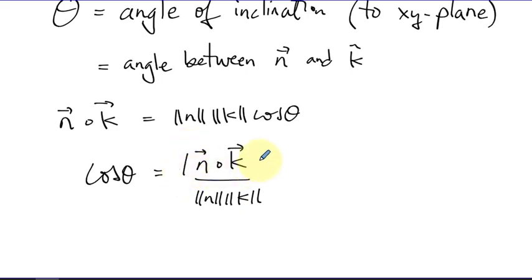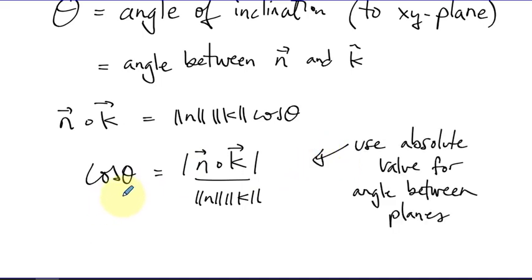And so for that reason, you can take an absolute value. For the angle between planes, the absolute value is included because the maximum that it ever could be is 90 degrees. As soon as you pass 90 degrees as an angle between two planes, then you could once again measure on the other side of the angle between the planes. You could just measure again 0 to 90. So this is always part of the angle between planes.